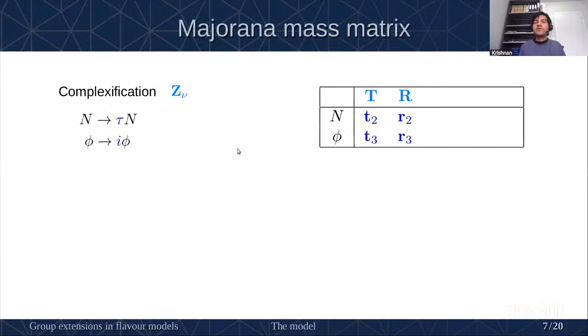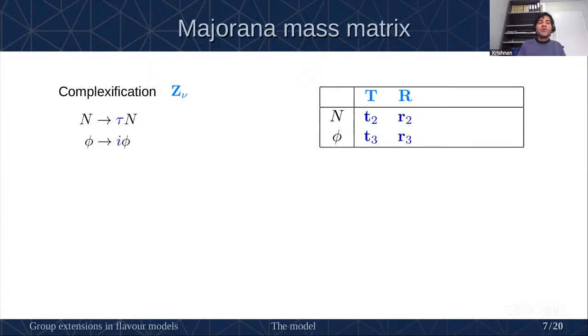This is something I didn't say yet, because when I started, I said that you have this connection from SU2 to SO3, and then I am finding the discrete group, a subgroup of SO3, which is the discrete group of the cube, the S4 group, etc. But it is living in real space, right? So phi1, phi2, phi3 are real numbers. So there is no meaning in saying the complex conjugation of that. There is no point in saying phi1, phi2, phi3 getting complex conjugated. That doesn't make any sense.